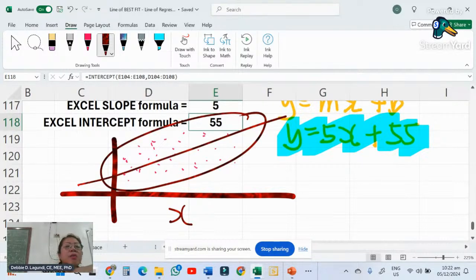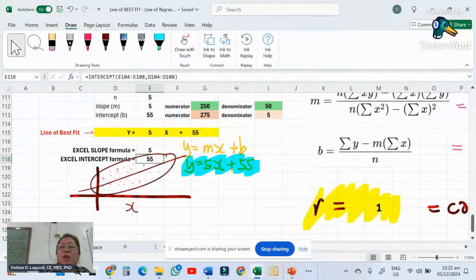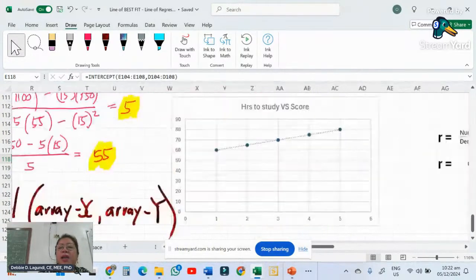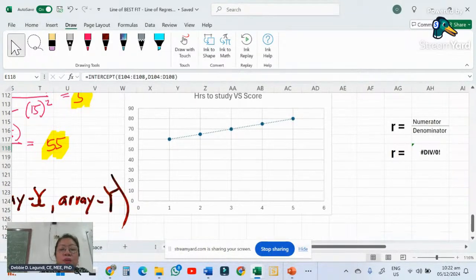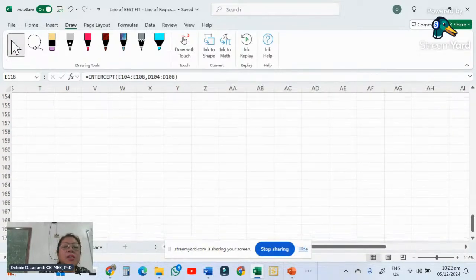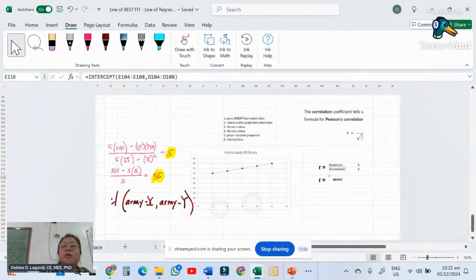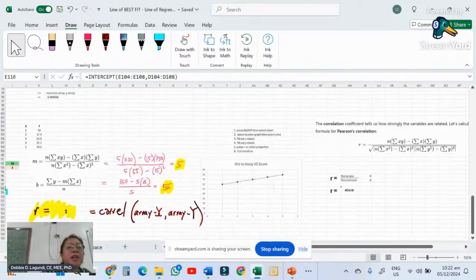Okay. The next thing we have to do is to draw the line of best fit like I have in here. How do you do that? There are some steps that you have to follow in making the line of best fit.